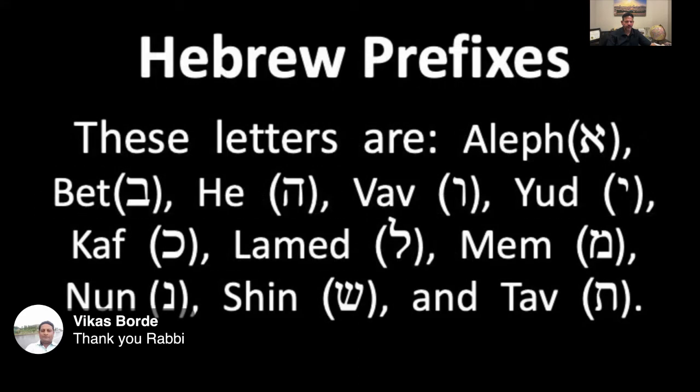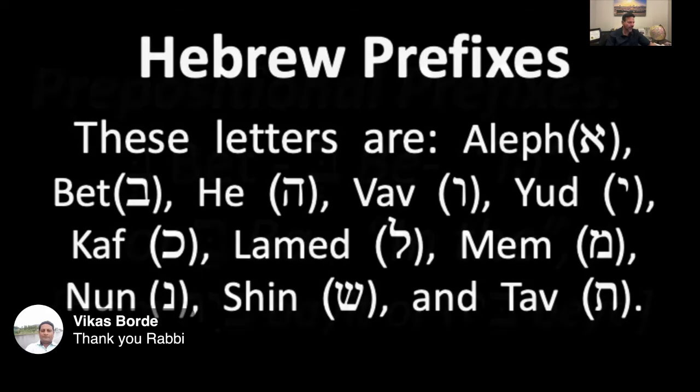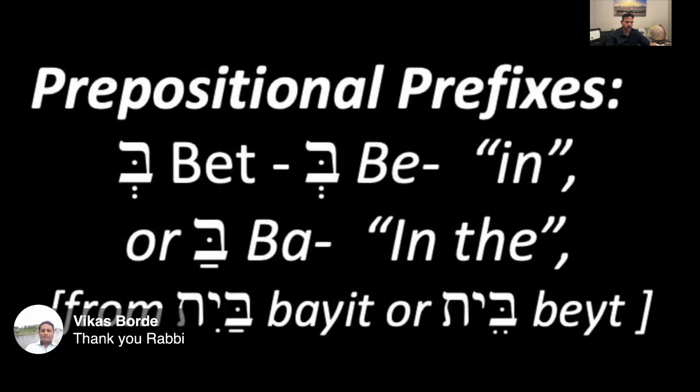Alef-Bet, Hey, Vav, Yud, Kaf, Lamed, Mem, Nun, Shin, and Tav can be used as a prefix. If I add the letter beit in front of a word, I would only take the sound of the letter be and add it to the front of the word. It would mean in, or ba would mean in the, as in a prefix from the word bayit, or the construct form beit.